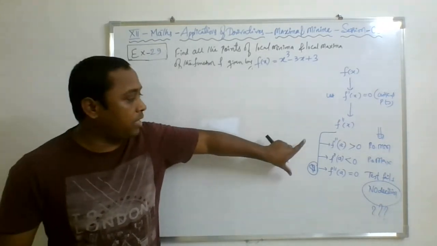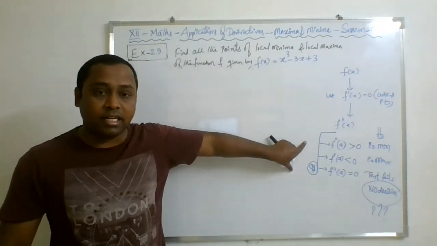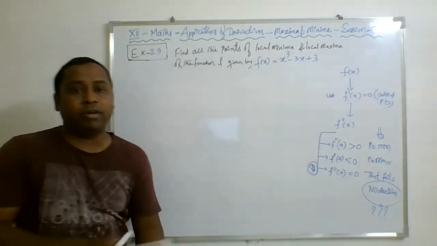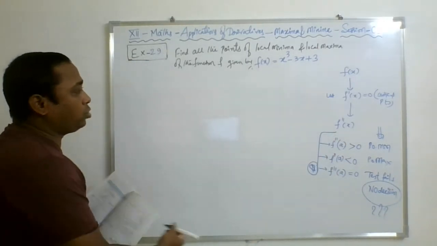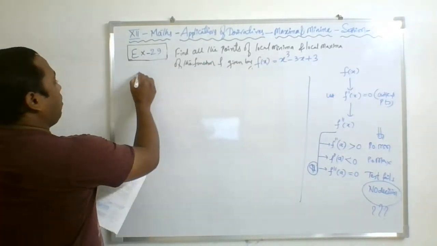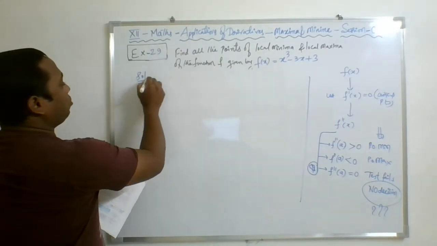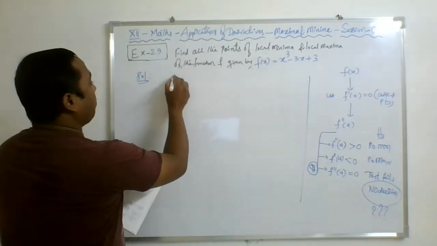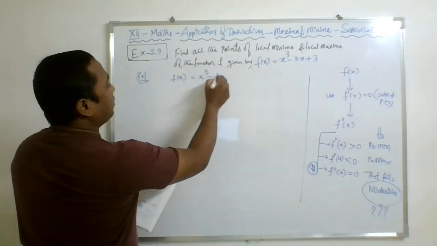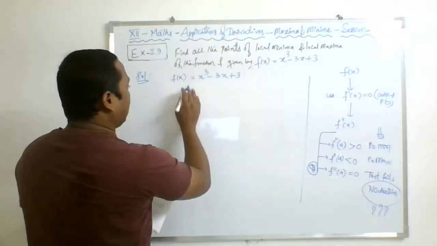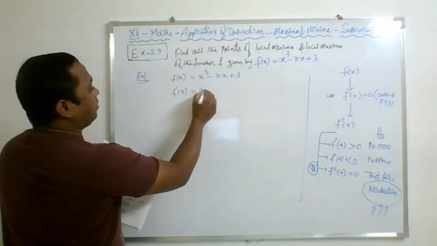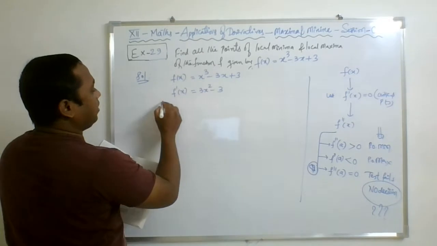In place of that critical analysis table, we'll go with the double derivative test. Now let's work through the question. This is the flow. So now we are using the same question, but with the help of the double derivative test. f of x is equal to x cube minus 3x plus 3. We'll take the derivative as usual, 3x square minus 3.